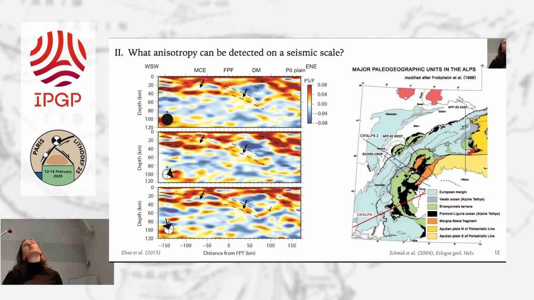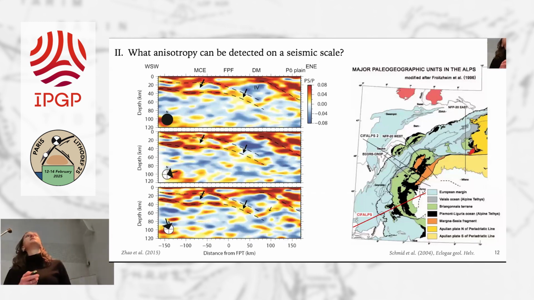The Moho conversion here is locally negative, while when it comes from the north, it is positive. And it also changes at the front of the belt. The negative conversion when it arrives from the north is less negative than when it arrives from the east.